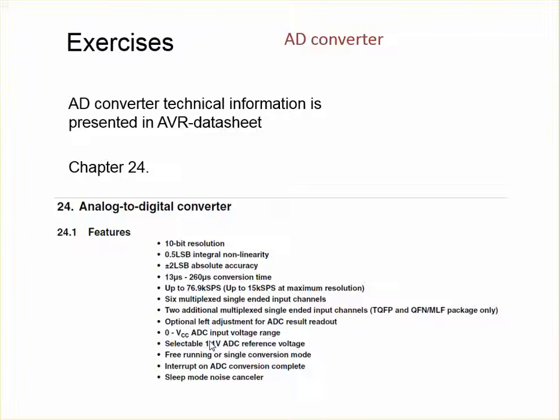And for the references, there are a few options that we could use for the reference voltage. The running mode could be single conversion or free running mode. And also we could get the information when the conversion is done.